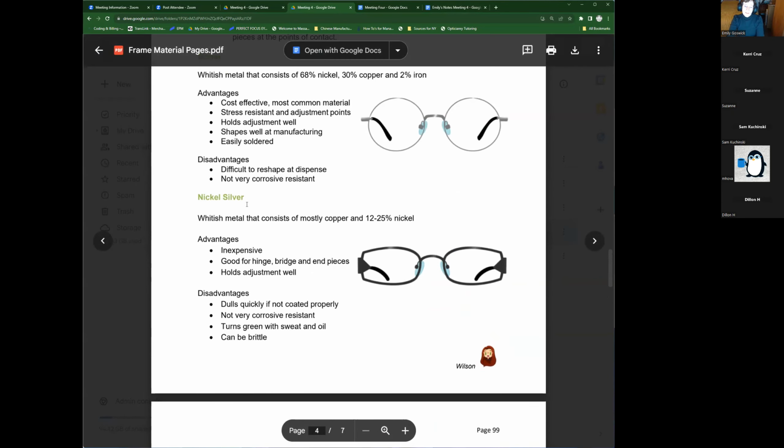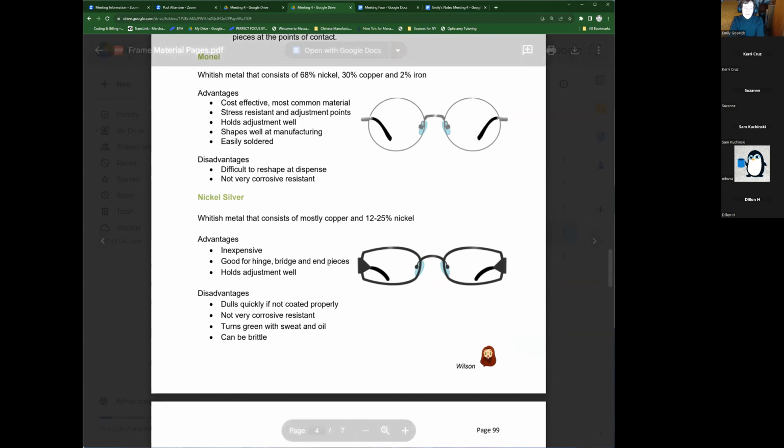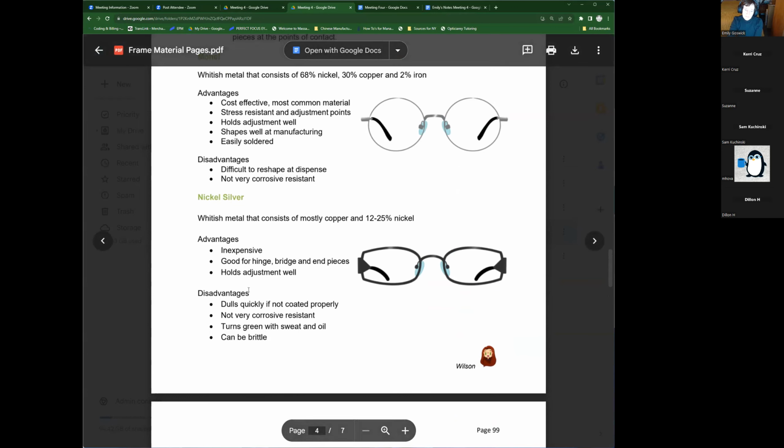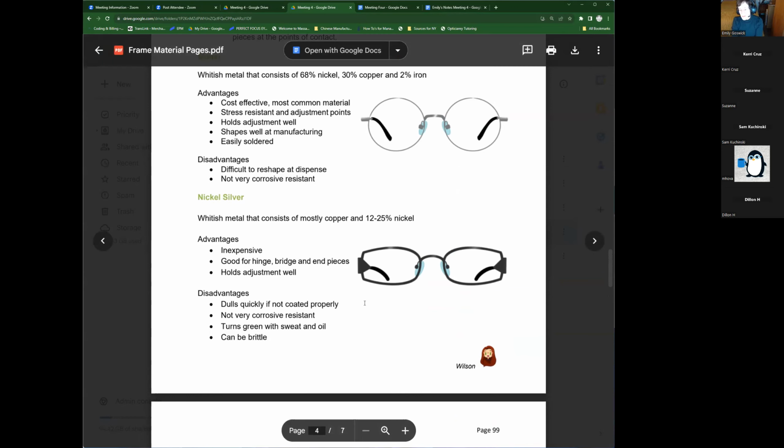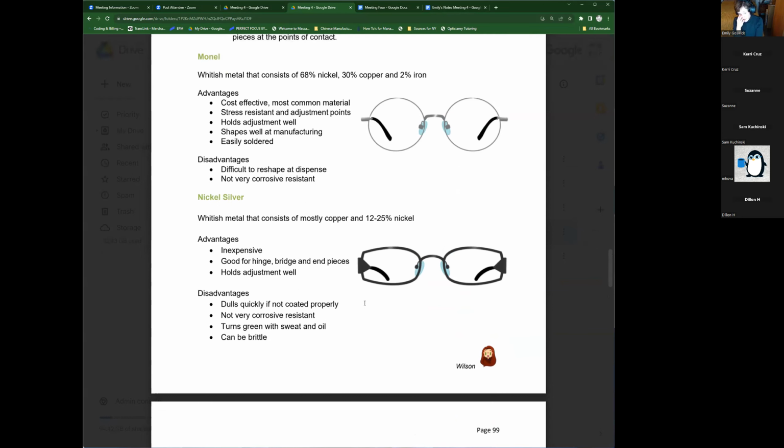Nickel silver, I would say, is something more on the old fashioned side of things. Something you would want to know about it is that it can corrode. Sometimes a patient comes in, and sometimes people are allergic to nickel.